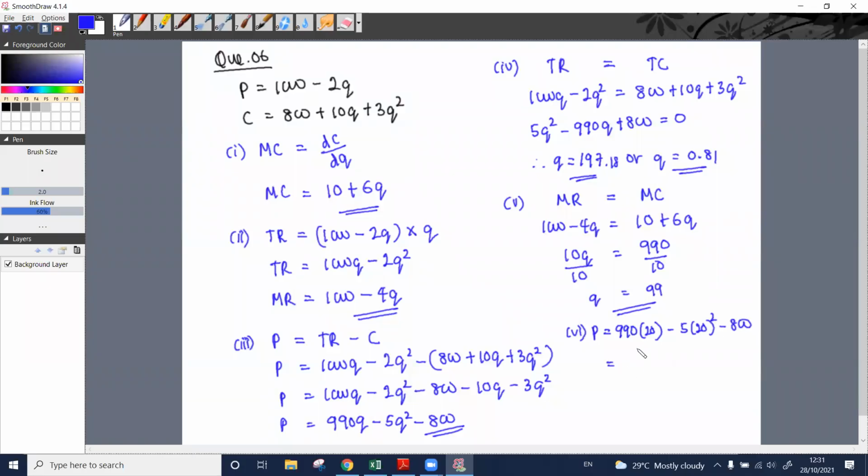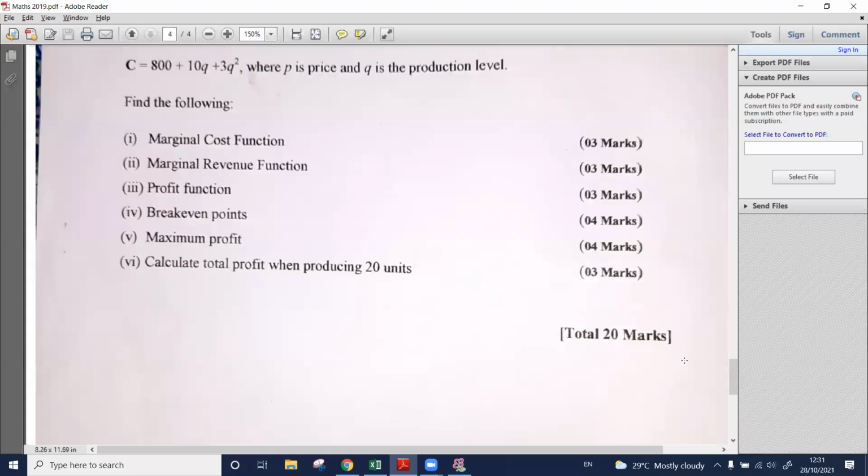Therefore, total profit is 17,000 rupees. This should be the answer for part 6.